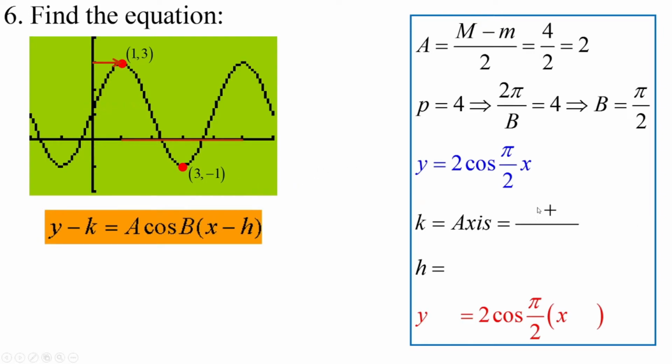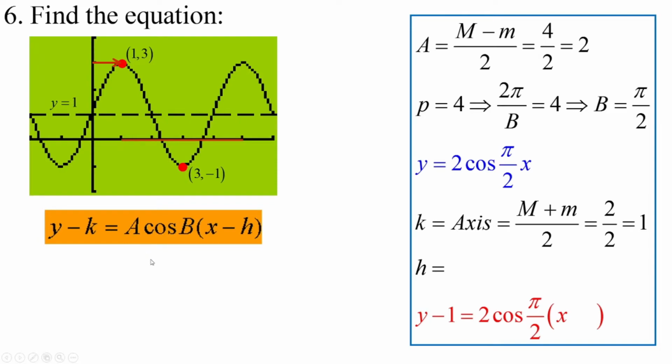And that's going to be max plus the min divided by 2. And in this case, that is, well, 3 plus -1 would be 2 divided by 2, and 2 divided by 2 is 1. So my k is 1. So this function has been translated 1 unit up. All right, so that means I'm going to go y minus 1 right here. Okay, the new axis right here is this y equals 1.